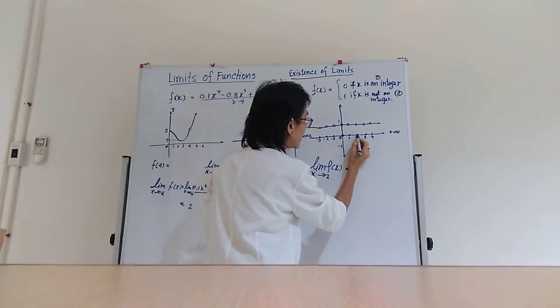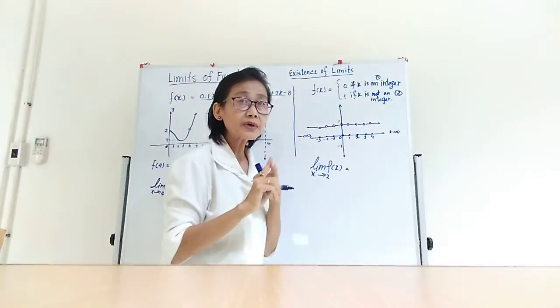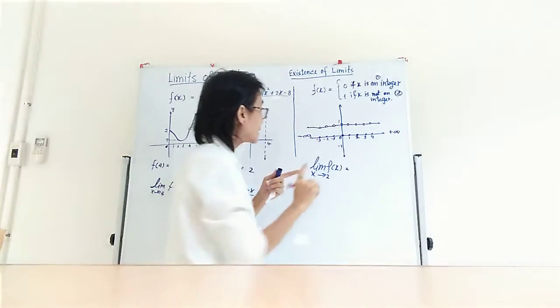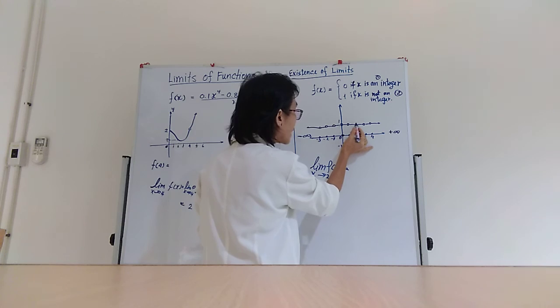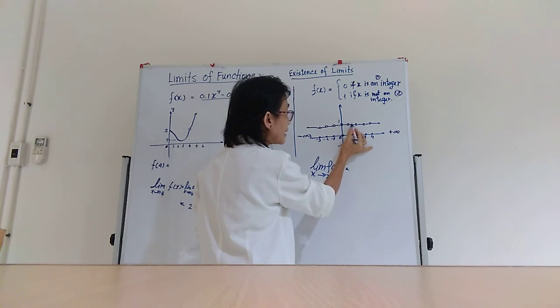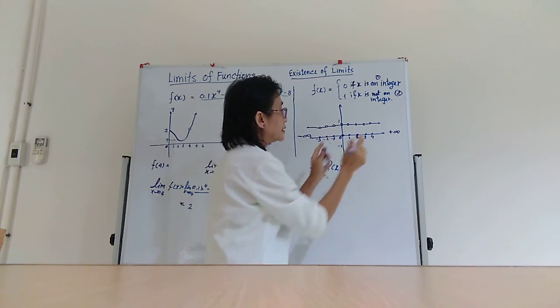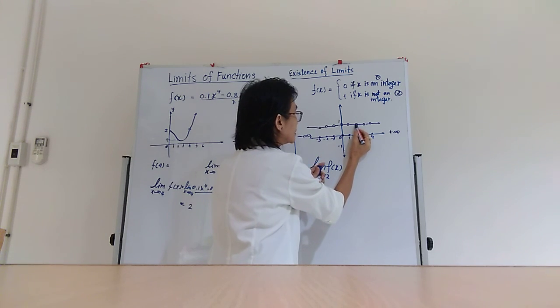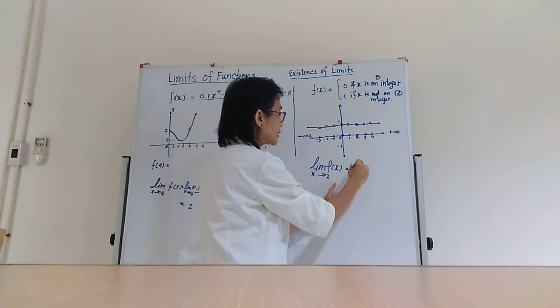Because 2 here is only one dot. For the function value at one dot, there's no answer, it doesn't exist. But for the limit, when you go up here from the left and from the right as x approaches 2, they meet here. So your limit is going to be equal to 1.